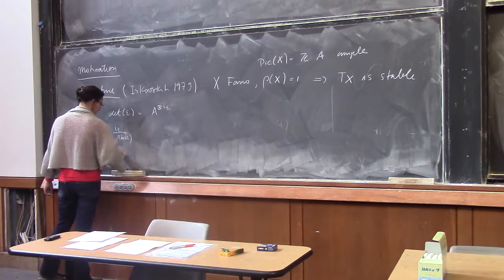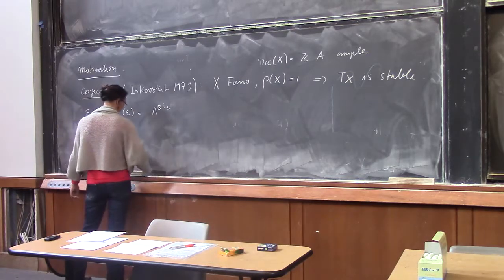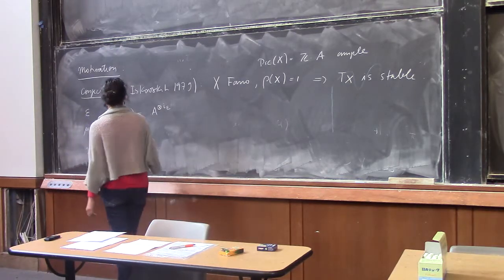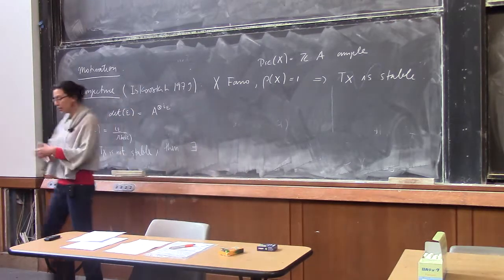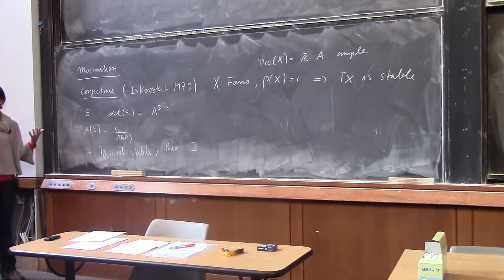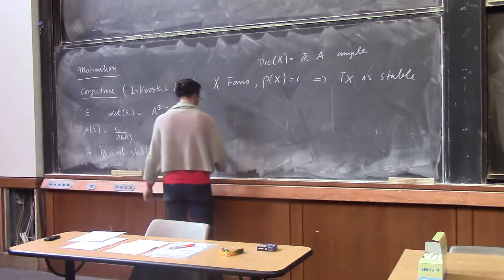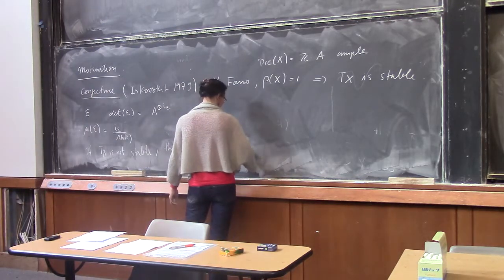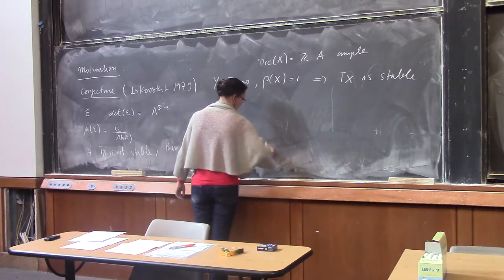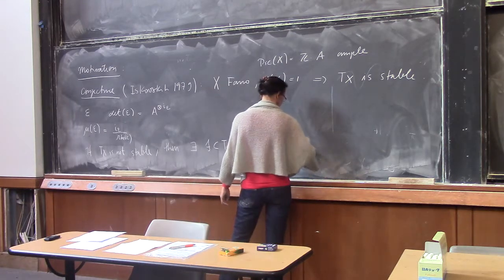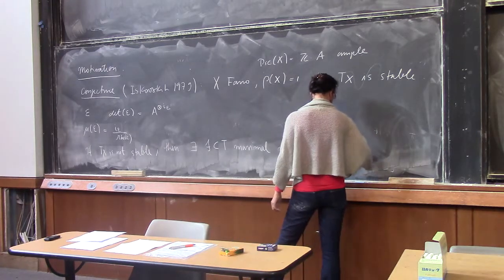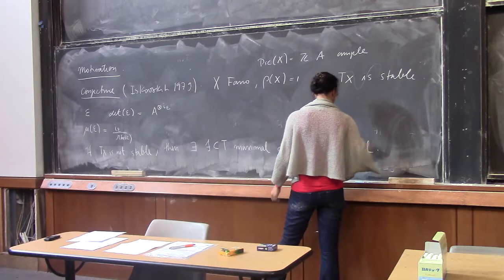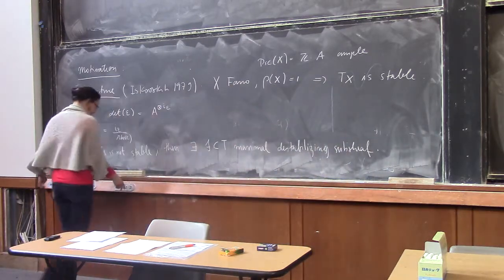So what happens if T_X is not stable? Well, then, using the Harder-Narasimhan filtration, you can construct what we call a maximal destabilizing subsheaf, which I will call F. And this has several properties.